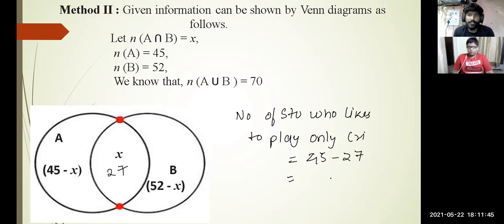How much is 45 minus 27? 18. Exactly the same way you can do it for the number of students who like to play only Kho-Kho. Clear up to here? Yes, sir.